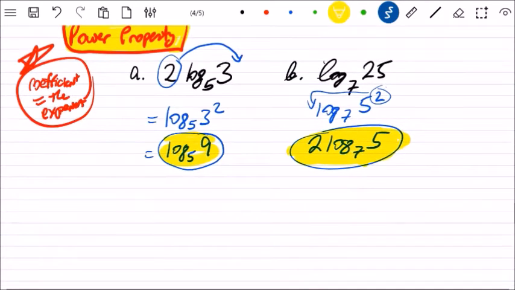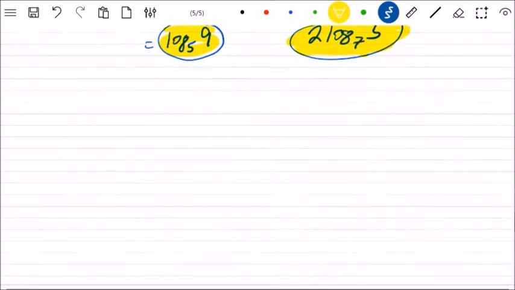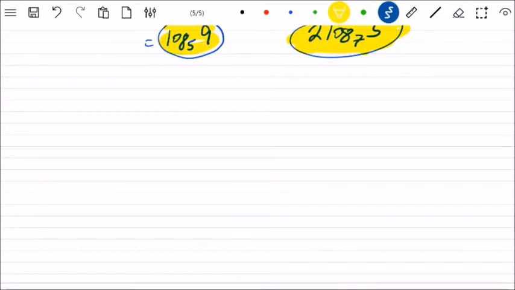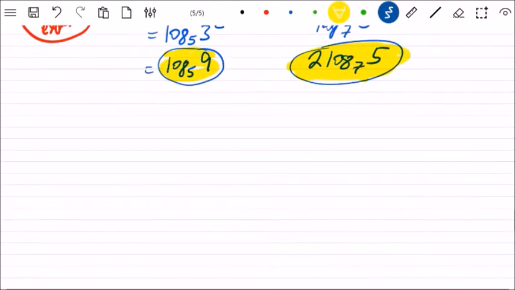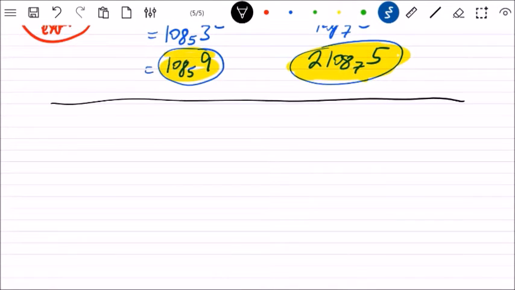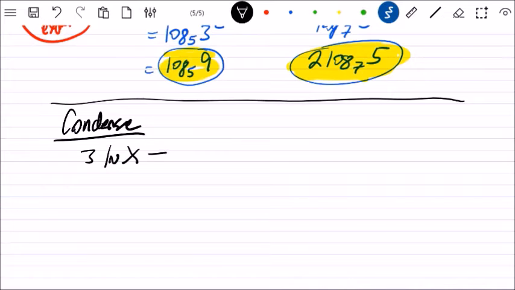Now let's take a look at doing some condensing and expanding problems. I'm going to do a set of condensing problems. So let's do 3 natural log x. I'm purposely doing it with natural log to show you can do the same rules here.